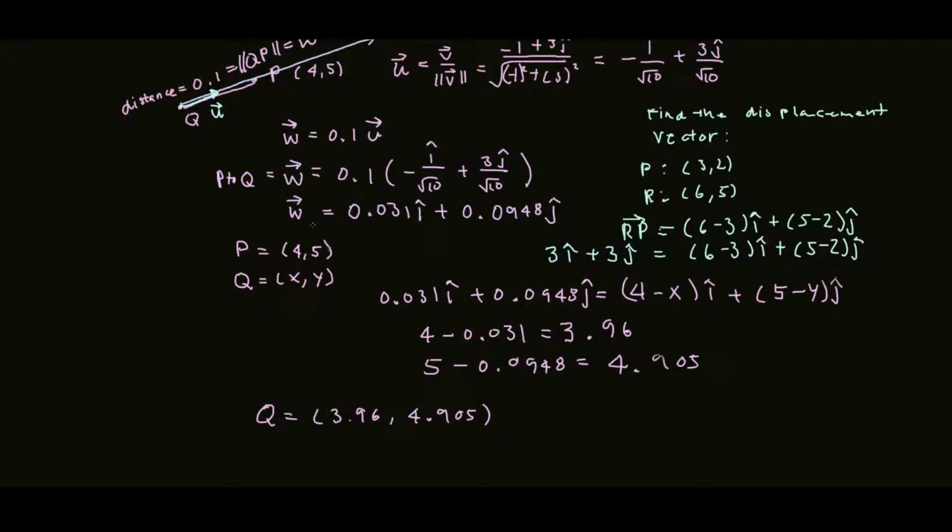So W, we can write it on this side because W is like R and P in this instance, and then we have 4, which is R in this case, 4 minus, so it's from final minus initial, 4 minus X, 5 minus Y will give us the J vector in the Y direction.